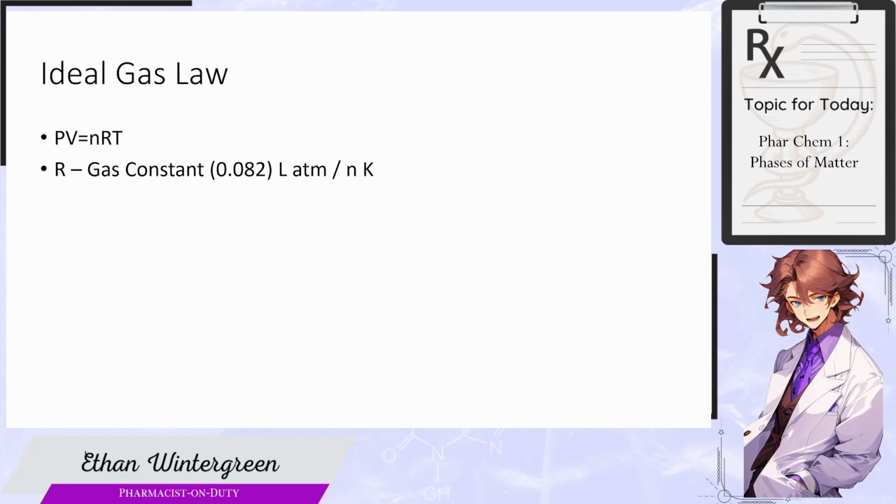P stands for pressure in atmospheres, V stands for volume in liters, n is the number of moles of a gas or the number of gas particles, R is the ideal gas constant with a value of 0.082 liter atmosphere over mole Kelvin, and T is temperature in Kelvin.